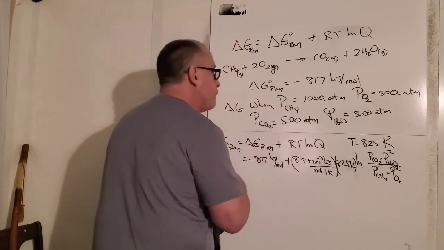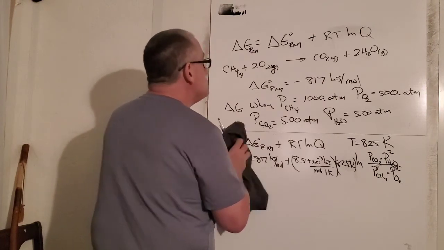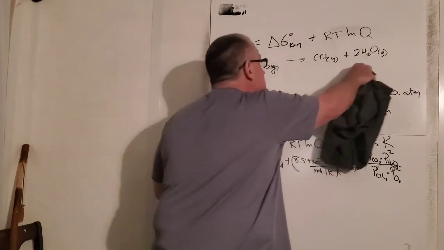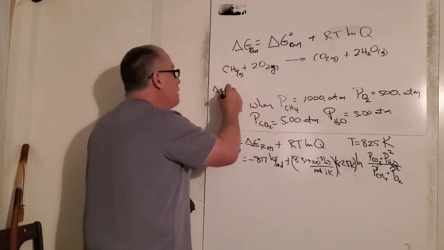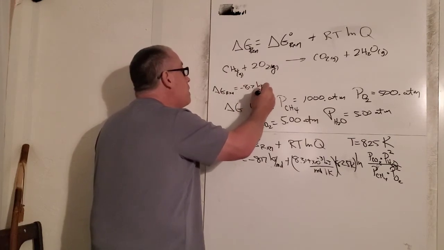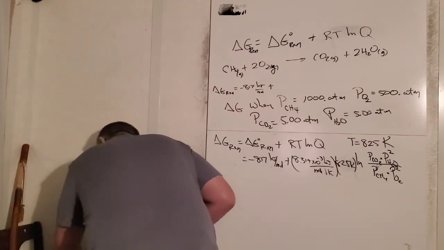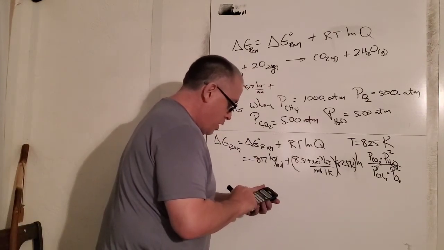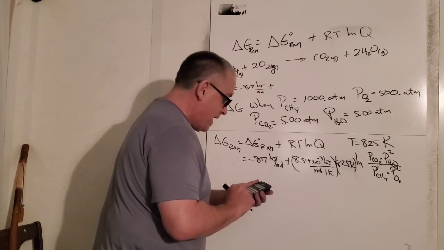So, what can I erase? Well, I guess I'll just have to erase this piece. Okay, so delta G of the reaction is going to be negative 817 kilojoules per mole plus 8.314 times 10 to the negative third times 825.